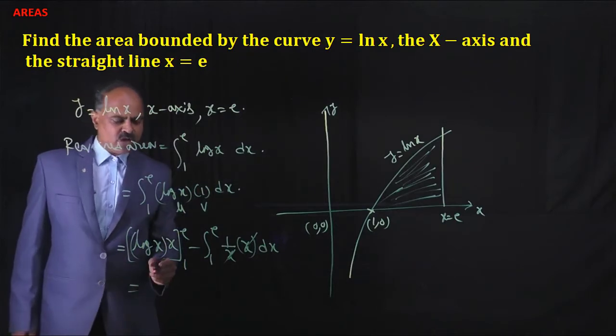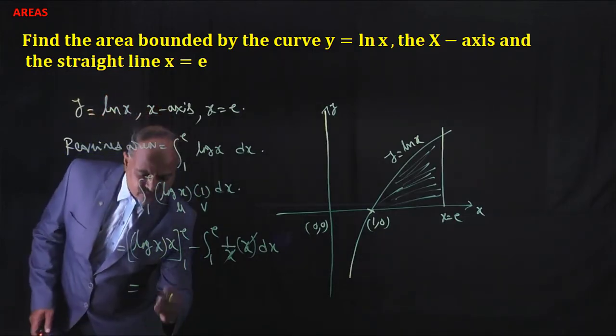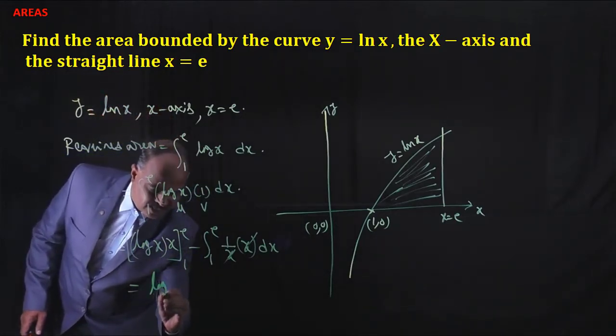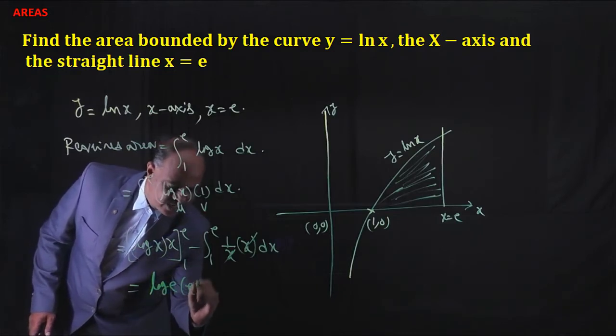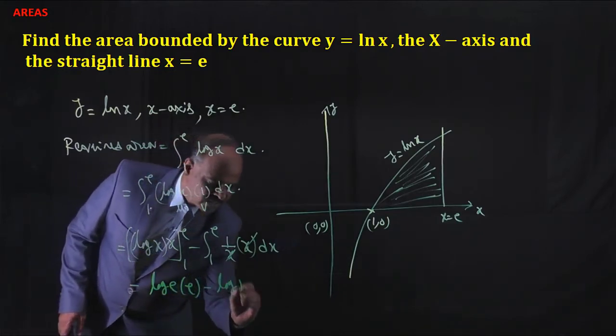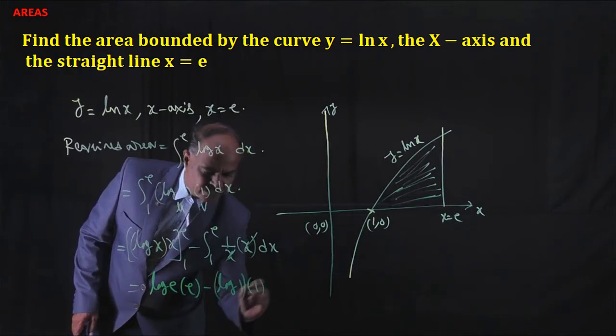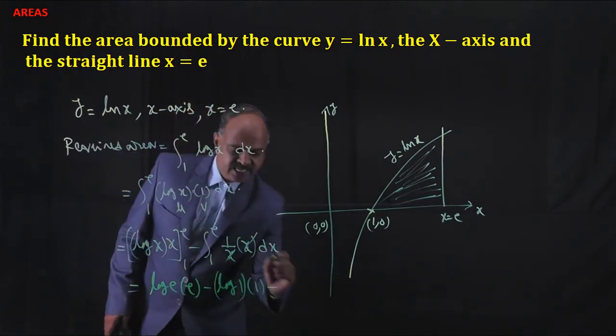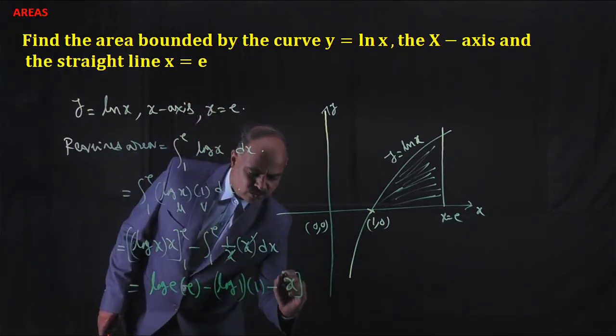First substitute the upper limit in place of x. So that equals log e into e minus log 1 into 1, minus the integral of dx, which is x, limits 1 to e.